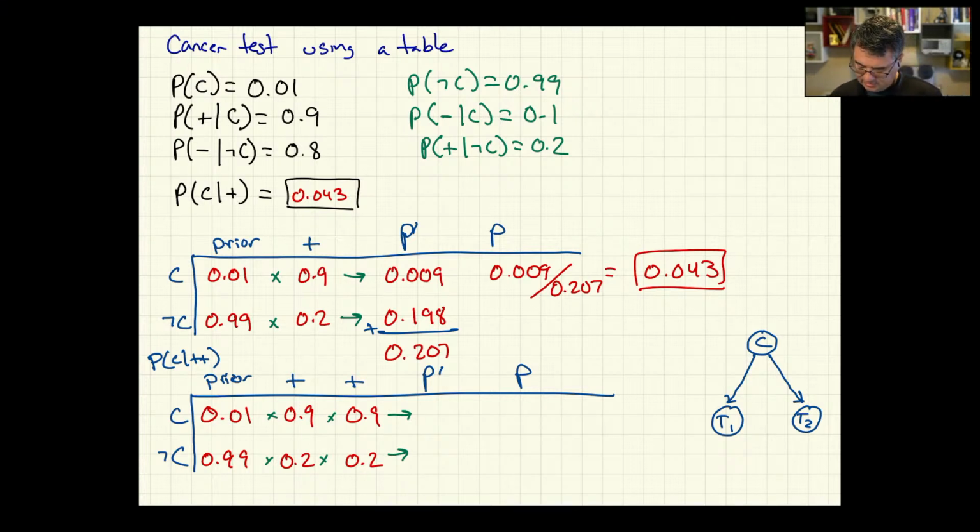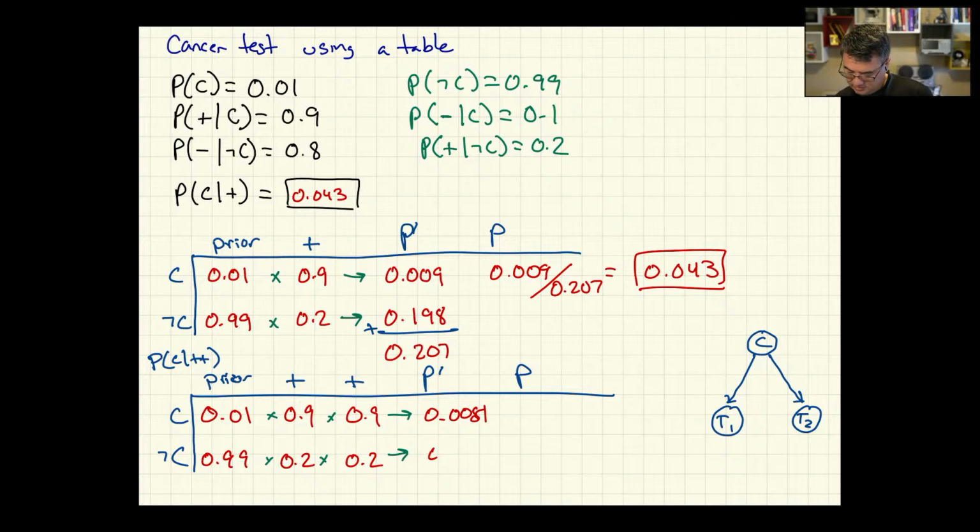And then we get 0.01, 0.9, and 0.9, and that's 0.0081. And then on the bottom, we've got 0.99, 0.2, and 0.2.